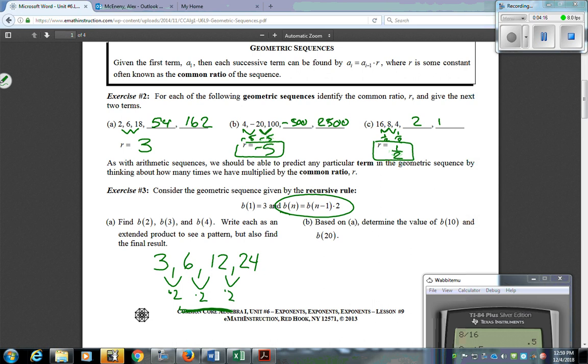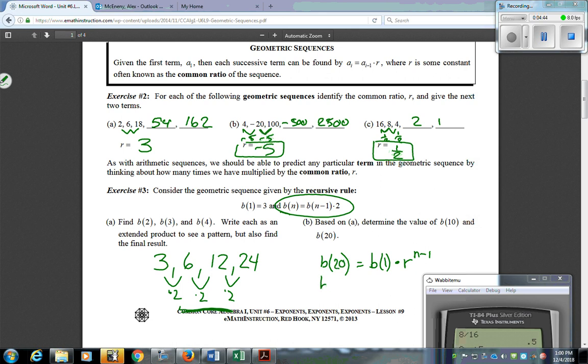Now, to find the 20th term, that is going to be the first term, which in this case is b1, and we're going to multiply that by the common ratio. In the case of the fourth term, we have to do it 3 times, so we subtract 1 from the number of times we're multiplying by that ratio.